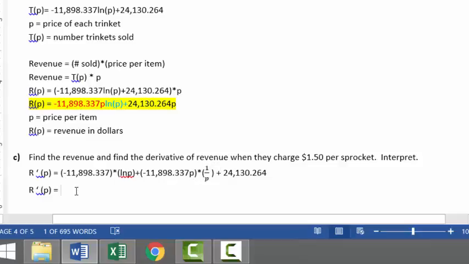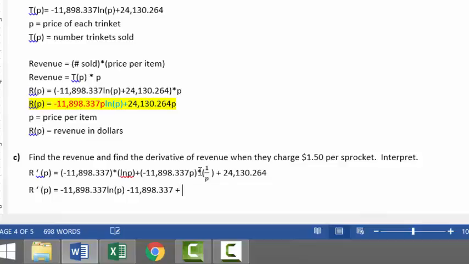So I have now negative 11,898.337 times ln of p minus 11,898.337, and the p times 1 over p canceled out, plus 24,130.264.